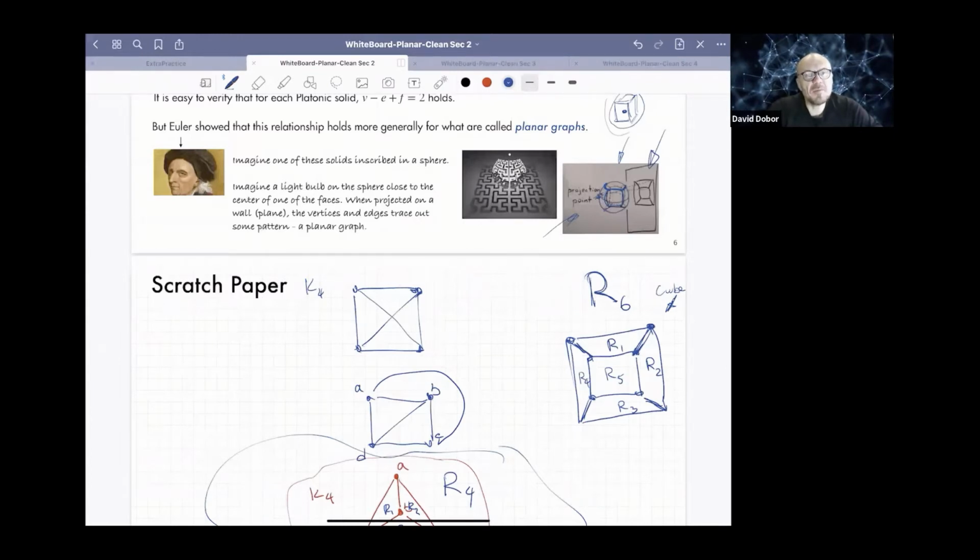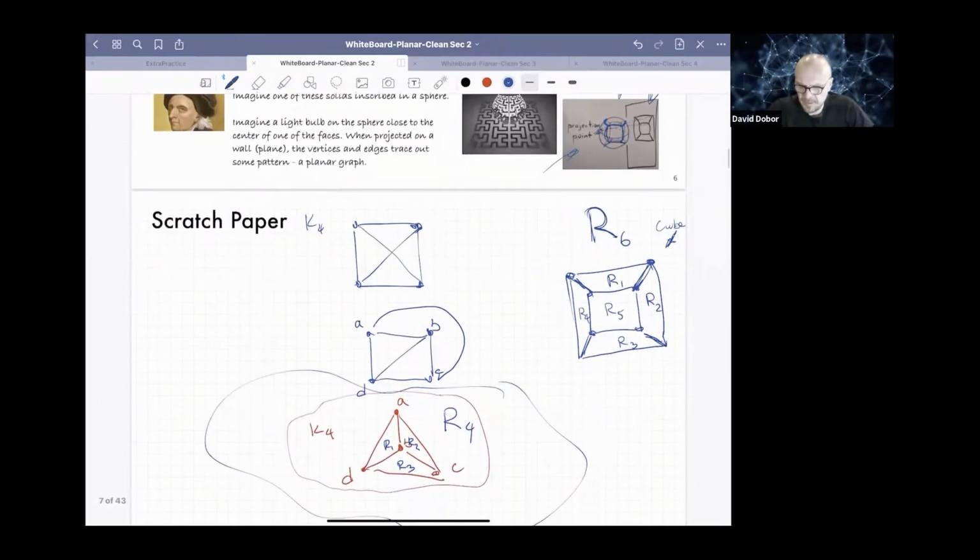If I draw a graph on the plane without its edges crossing, then there must be a special kind of relationship that must hold between its vertices, its edges, and the number of regions into which that graph splits the plane. Does that make sense? That's what I'd like to prove here.